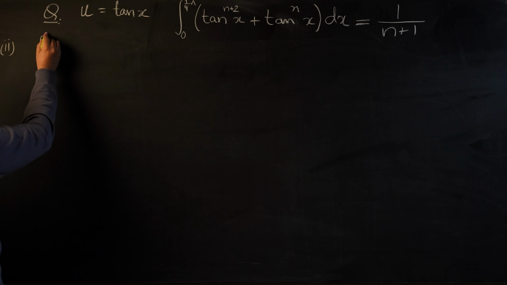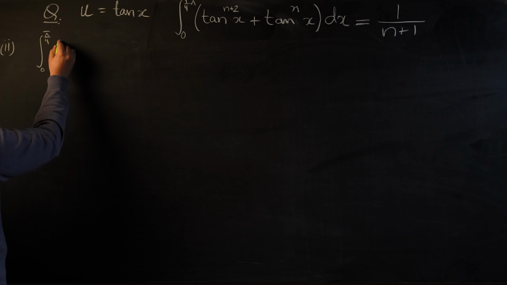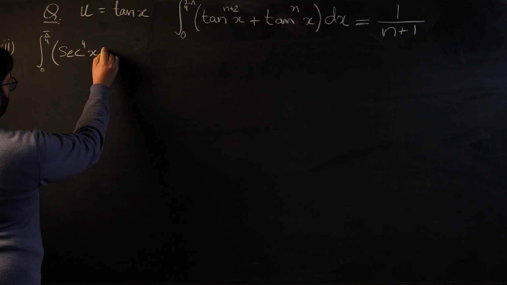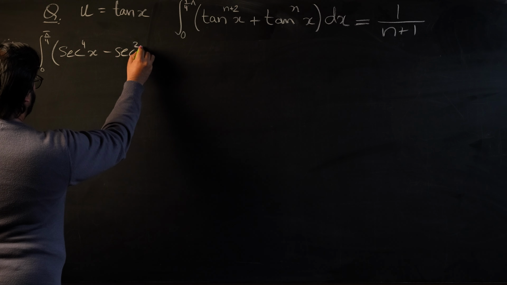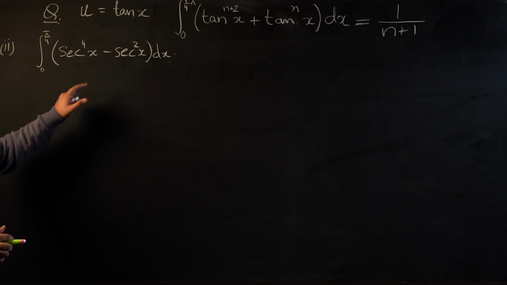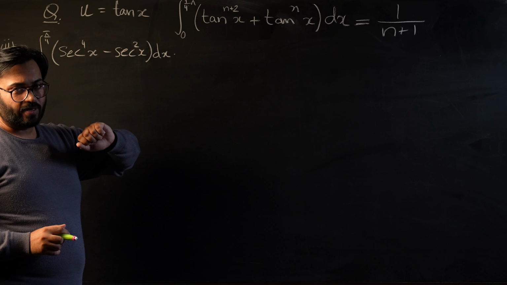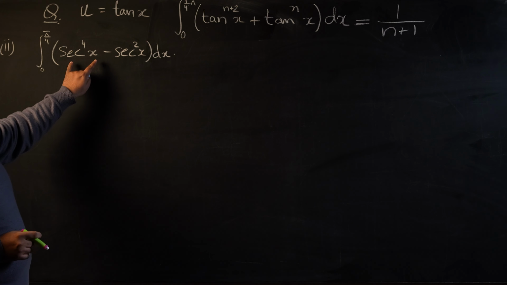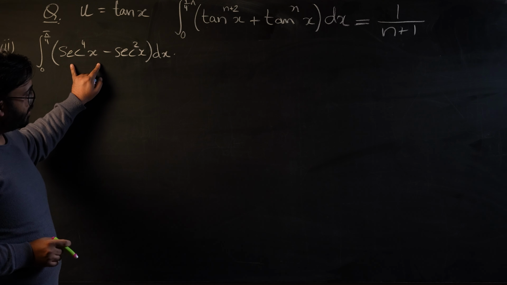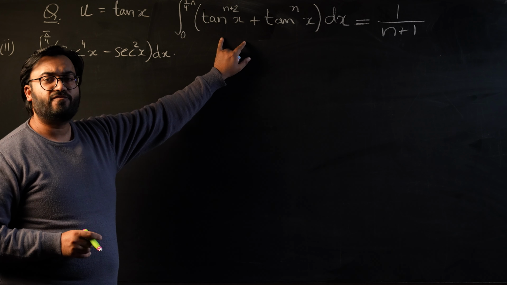So from 0 till pi by 4, we have to integrate secant to the power 4x minus secant squared x dx. Because it is a connected question with part 1, it's a good idea to first think of this part and think of bringing it in terms of tan.